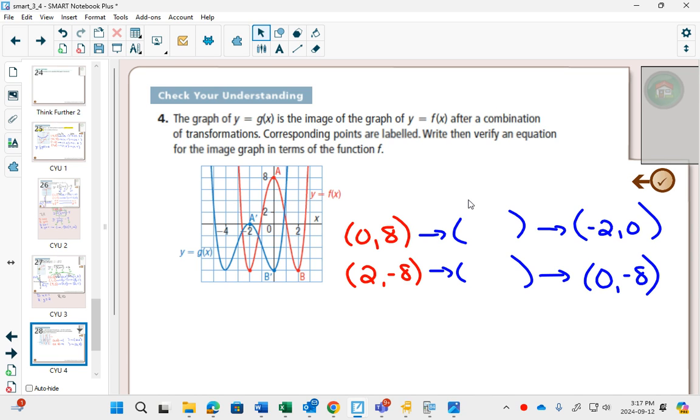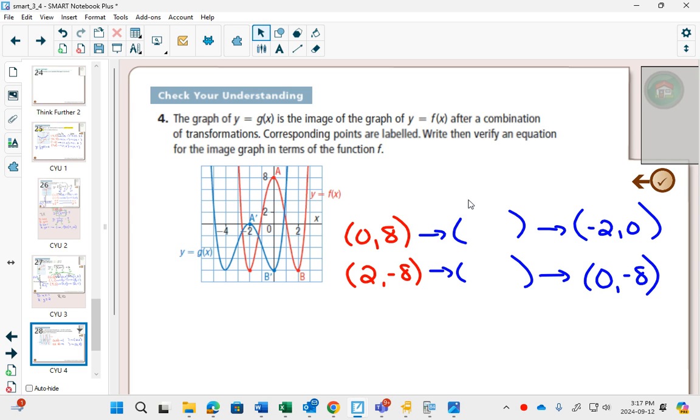I could make a question where I start with nice numbers, end with nice numbers, and in between I'll be nasty. I'm going to use all sorts of fractions and decimal places, and how would you figure it out then?